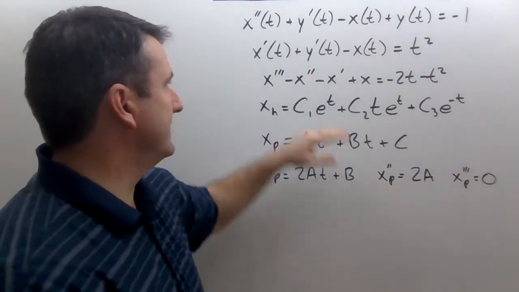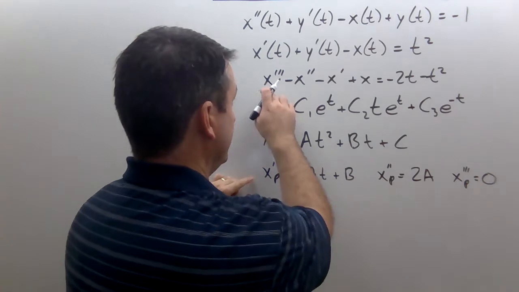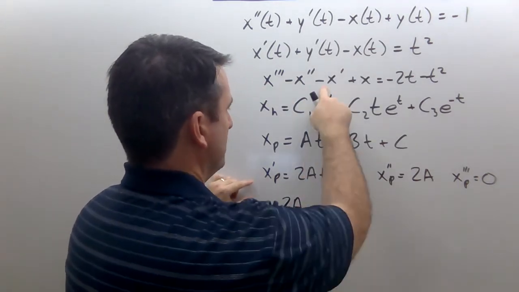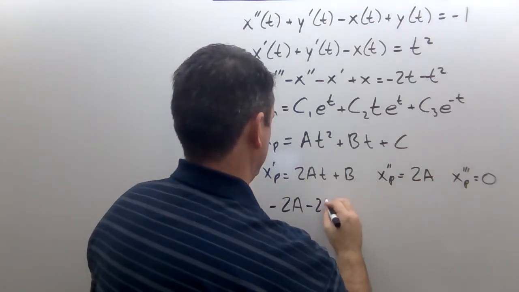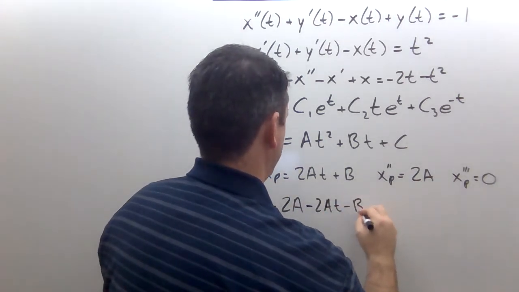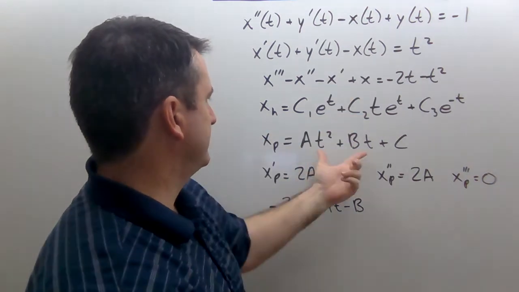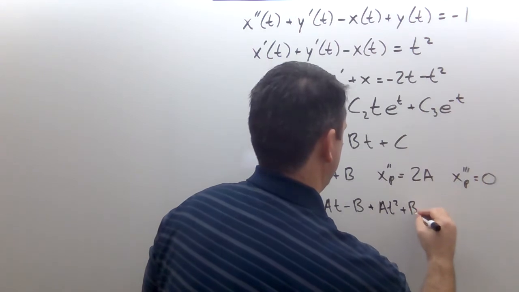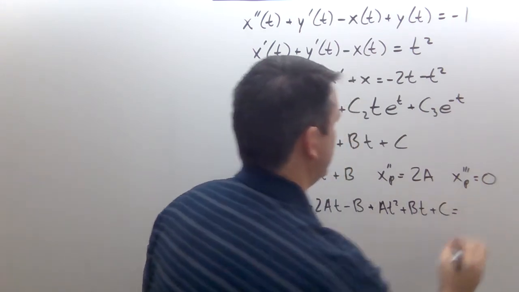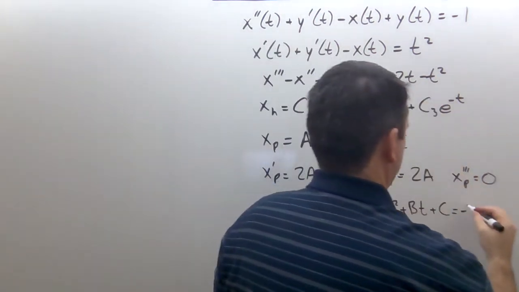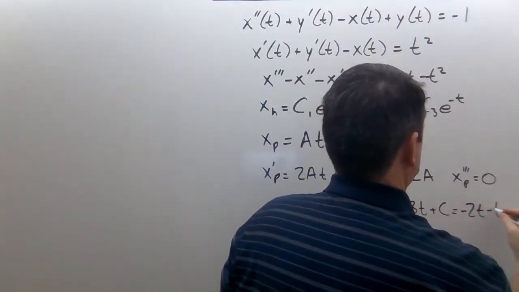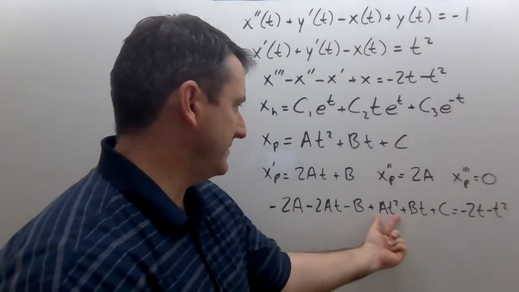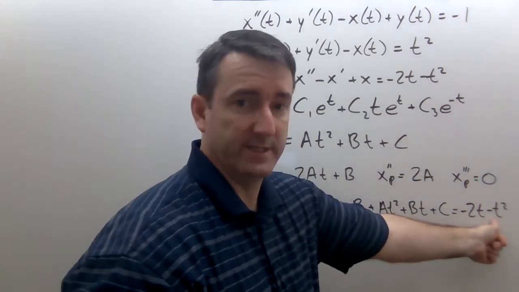And then if we plug all this up into here, we get 0 minus 2a minus all of this. So minus 2at minus b plus all of this. So plus at squared plus bt plus c is equal to negative 2t minus t squared. All right, so that means, so we've got a t squared here, so a has got to be equal to negative 1.